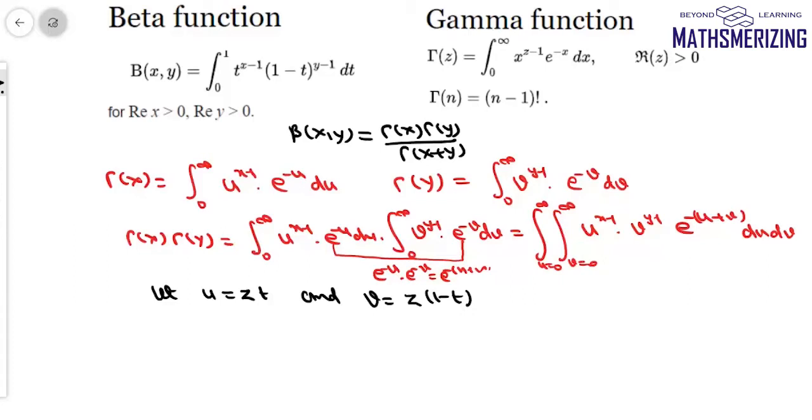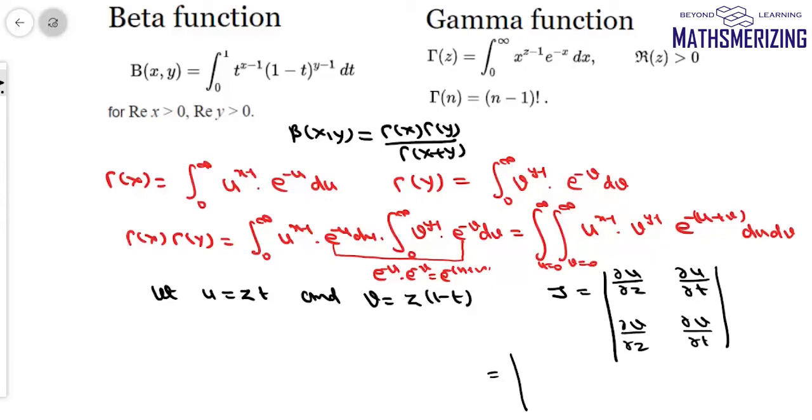I'll provide the link to that video in the description below. So if we have to find the Jacobian for this, we know that the Jacobian will be the determinant of del u upon del z, del u upon del t, del v upon del z, del v upon del t. So we'll differentiate u with respect to z, we'll get t, and if we differentiate u with respect to t, we'll get z.